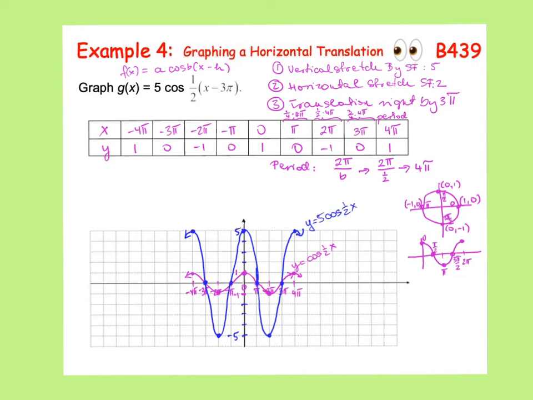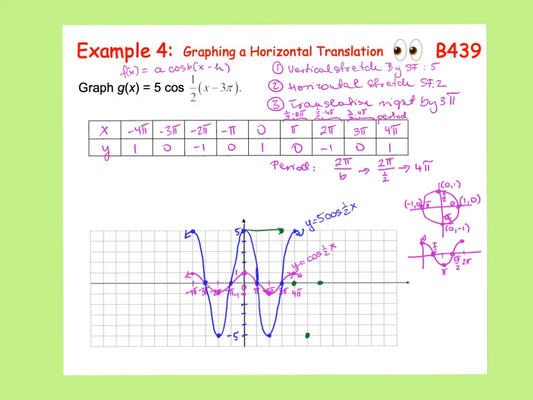Since each one of my squares represents 1 pi, I need to move the graph 3 squares to the right. So I'm moving 1, 2, 3 squares to the right. My first point is going to be here. Then I move the next point, which is down here, 1, 2, 3 squares, so that point is going to land on 4 pi. Then I go to the minimum point and move it 3 squares to the right, and then I move the 0 again over here.